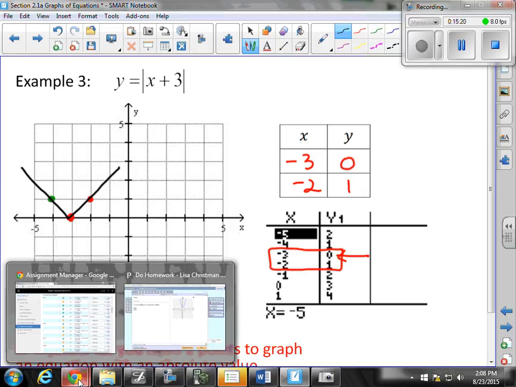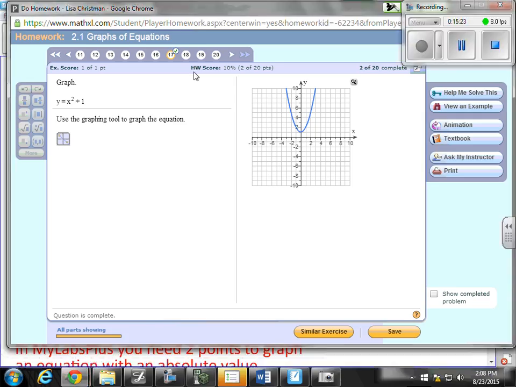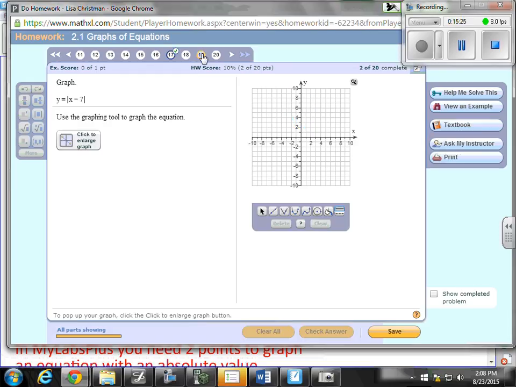So let's go back to MyLabs Plus. Let me pull up one that has an absolute value, and it's not exactly the same absolute value equation, but let me just show you.